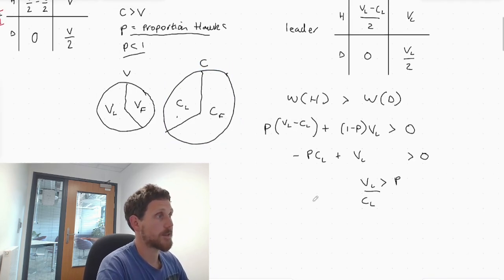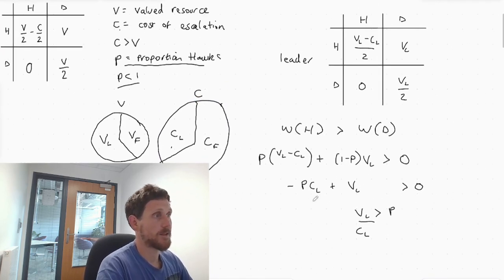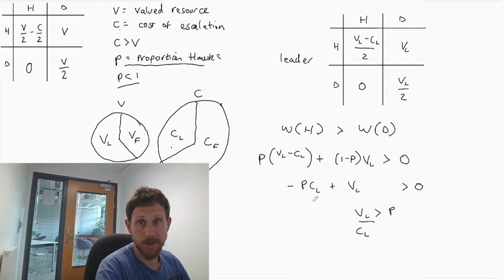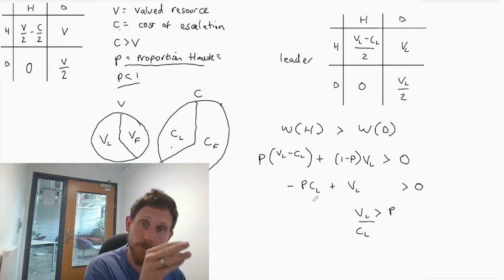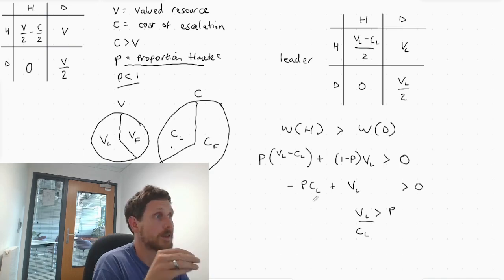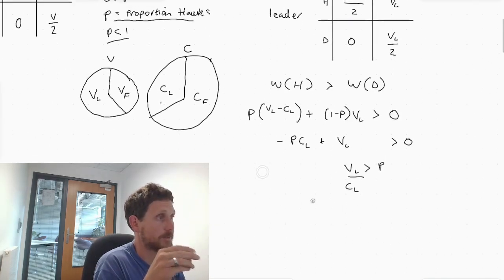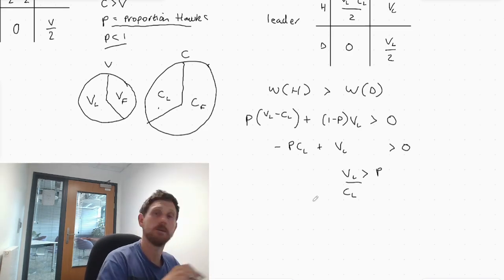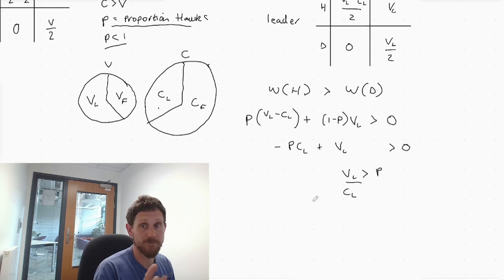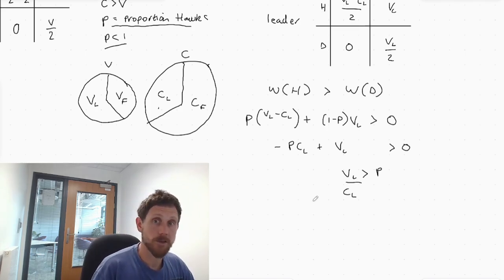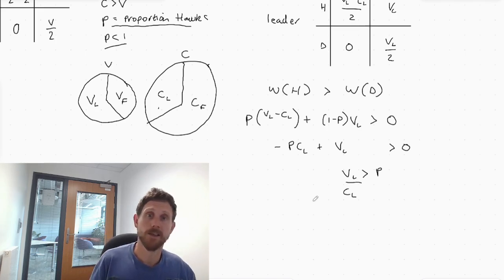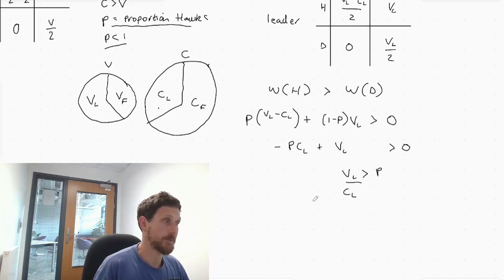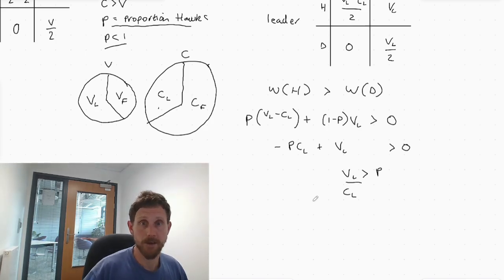Now, this is basically what was going on in the individual level version of the model, except V over C always had to be less than 1. Now that it's not so equal anymore, and that VL can be quite large and CL can be quite small, it's actually possible that VL over CL is greater than 1.